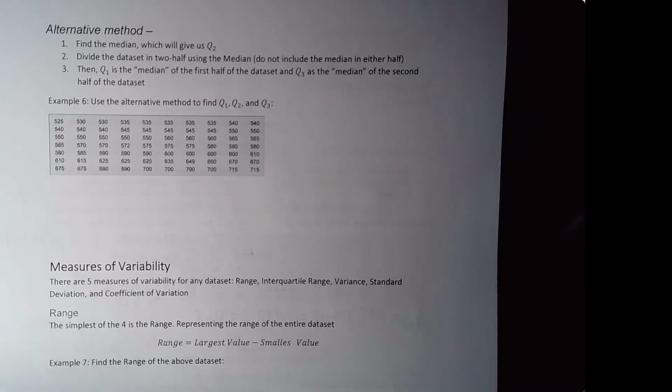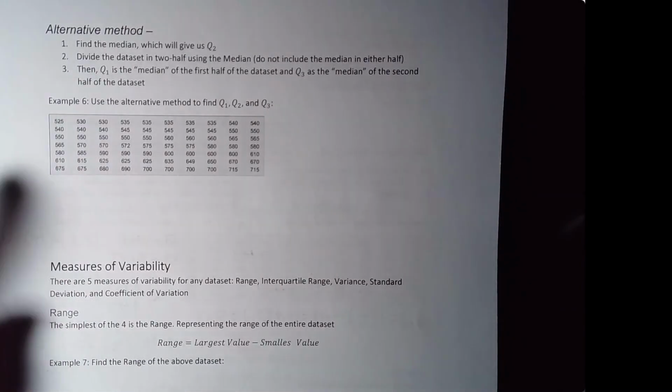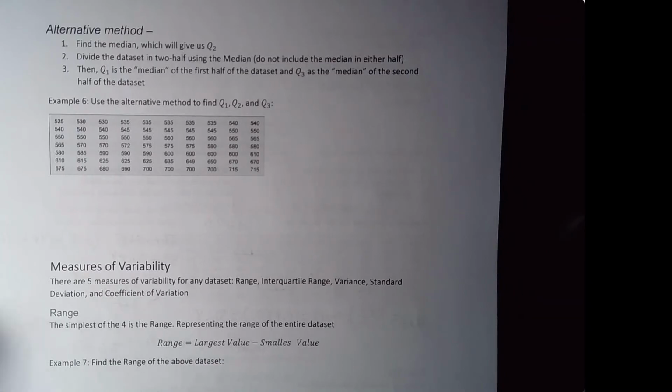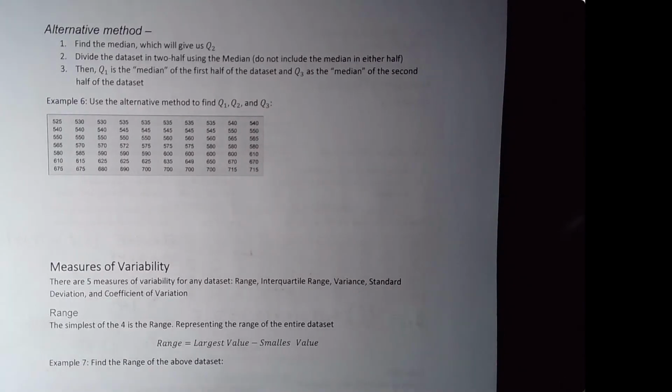As you'll see in a moment, it will not work for other percentiles, but for quartiles, which is what you'll likely calculate most of the time, this alternative method works. I like it because it's very intuitive and much faster than the other method. The quartiles are essentially just cutting the data set into 4 pieces.